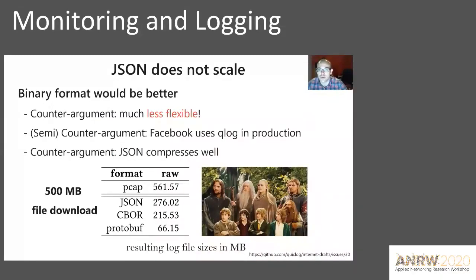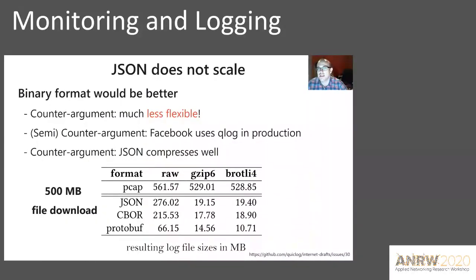And you can see indeed the protobuf, which is one of those optimized binary formats, really helps bring the file size down. However, this is before compression. If we start adding compression, I think it's quite a different story, where the CBOR and the binary formats are actually very similar in what they end up with, right?